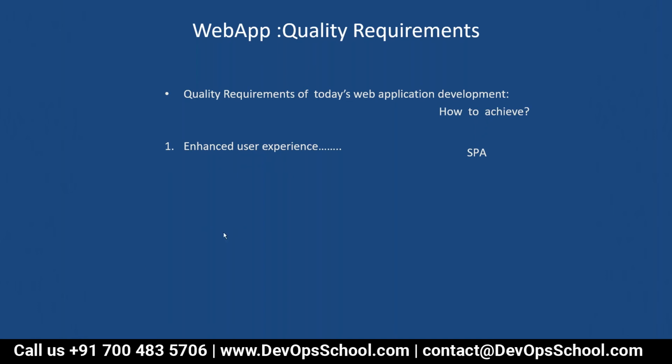Next requirement could be the application should be maintainable and it should be easily testable. So again here, what architecture do we usually follow so that our applications are more maintainable and more testable.